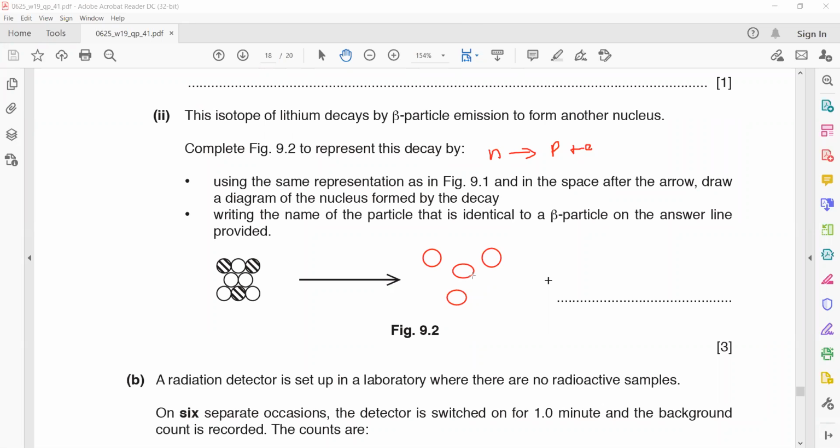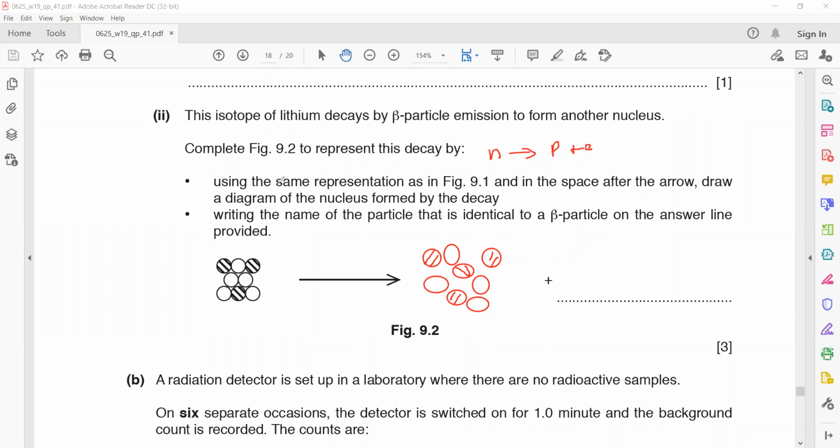And the neutron number will be 4 as well. It was 5 in the beginning, but now it is 4. And the shaded one is a proton. So 4 protons and 4 neutrons will be there.